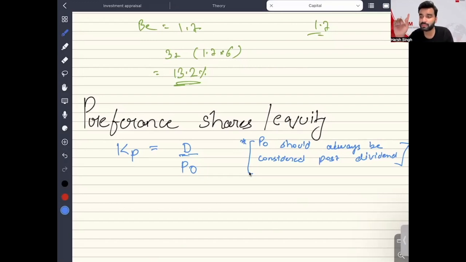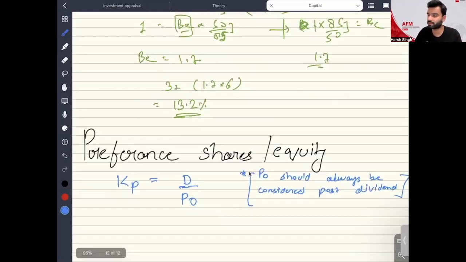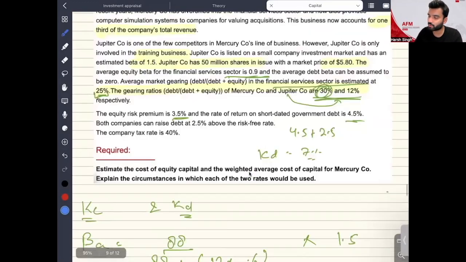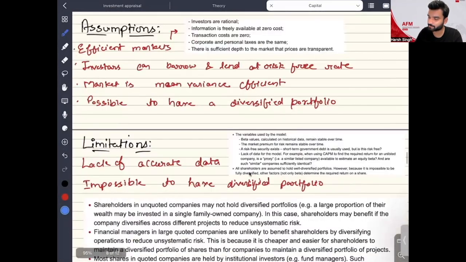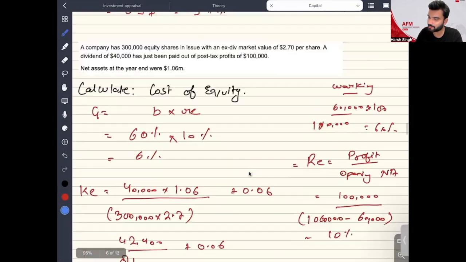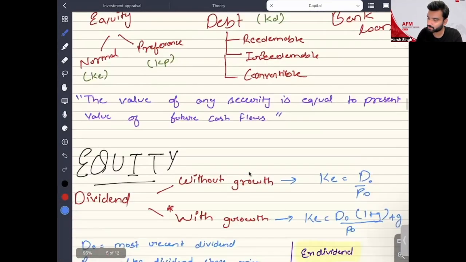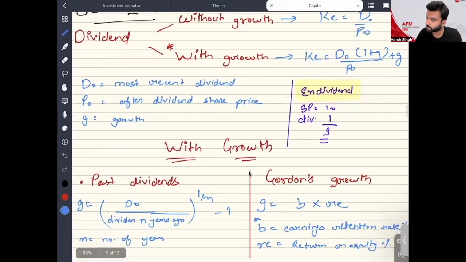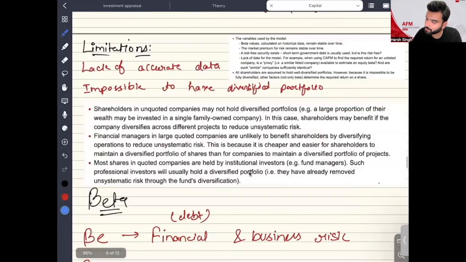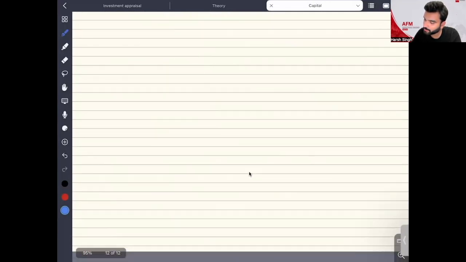Nominal value of share is always 1. Just put it down somewhere, everyone. Nominal value will always remain 1. I'll write it down over here only because we have to calculate it over here.